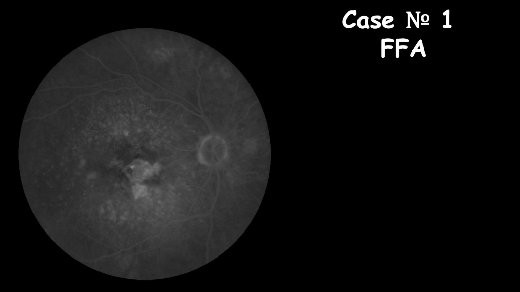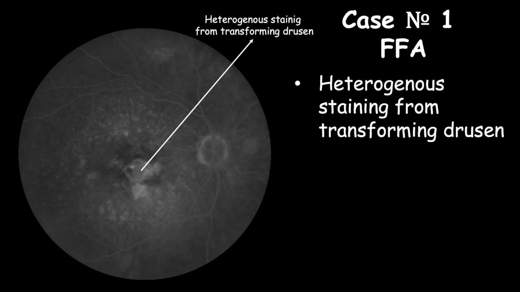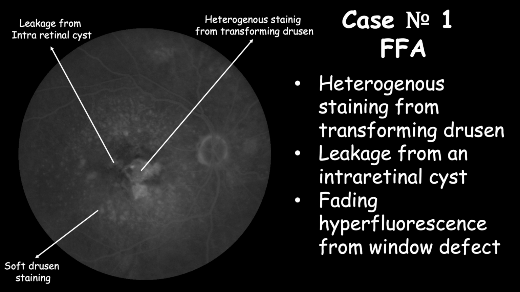However, in the late stage, the transforming drusen is causing heterogeneous staining, along with leakage from the intraretinal cyst and homogeneous staining from the soft drusen, along with fading of hyperfluorescence in the area of RPE atrophy without changing its border or leak. The FFA does not show any signs of choroidal neovascularization.